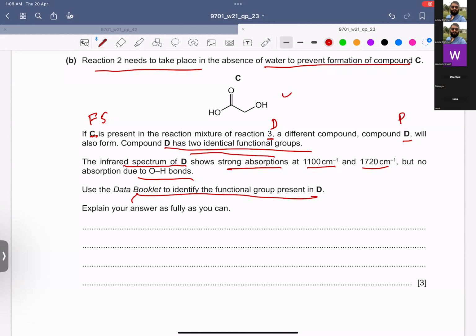If you see the infrared spectrum, at 1100 this peak is due to the carbon oxygen single bond, and at 1720 this is due to the C double bond O.